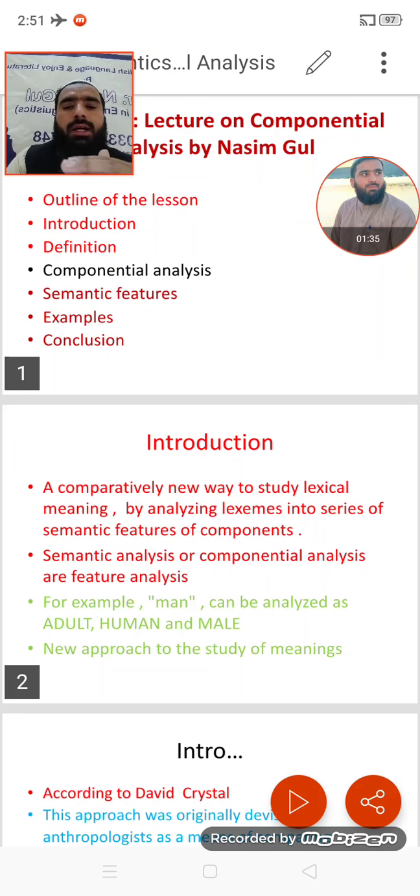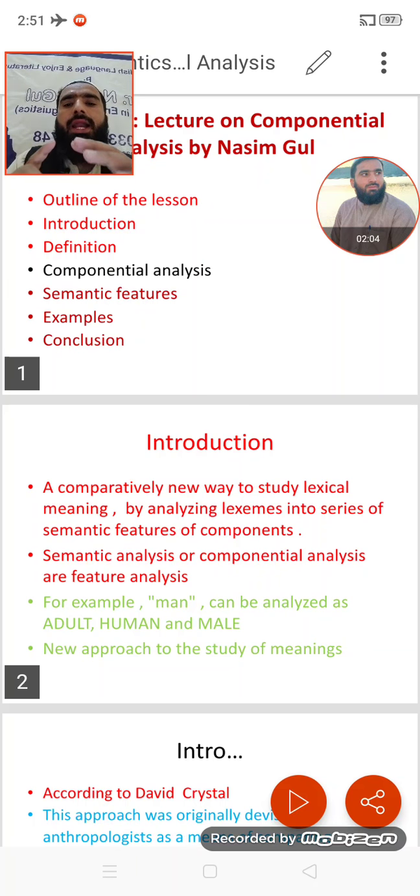From the very name it is clear: componential means components. Components means the parts of something. And analysis means studying something separately, dividing something into various parts in order to explain or understand that very thing.